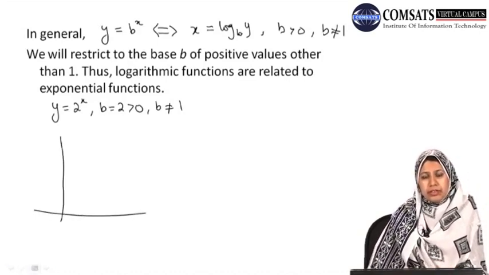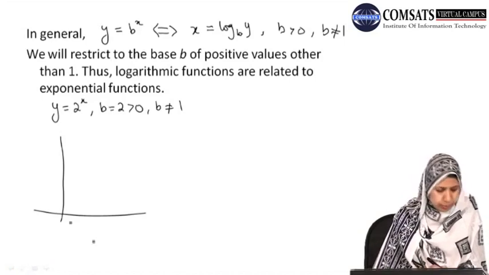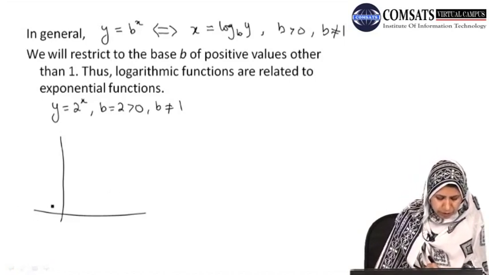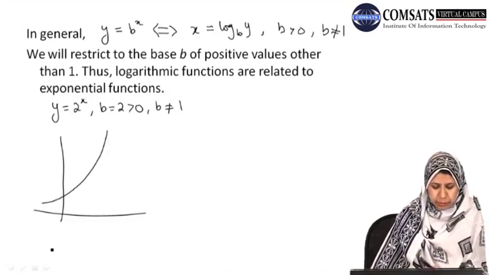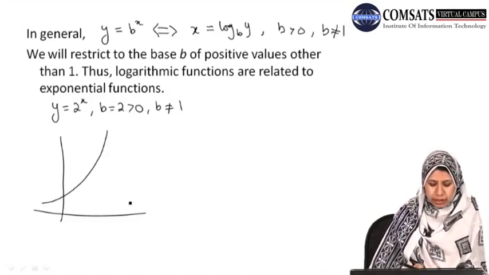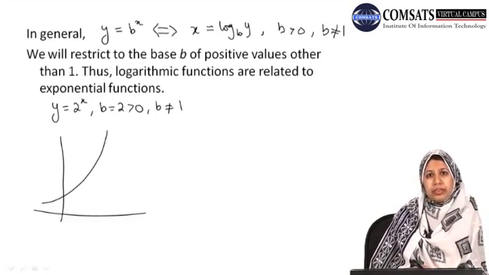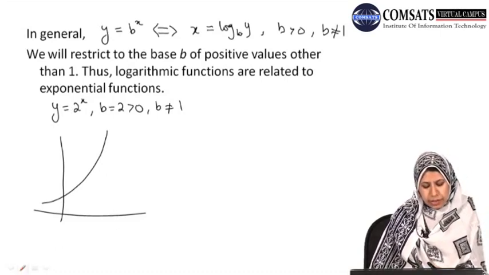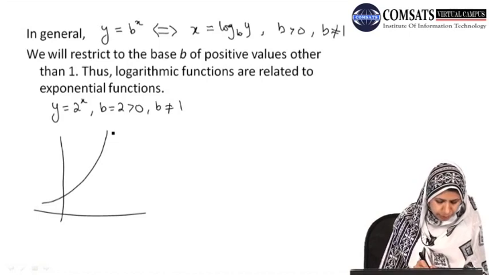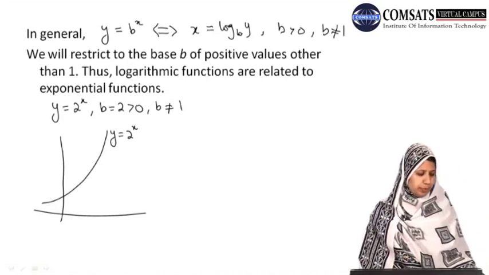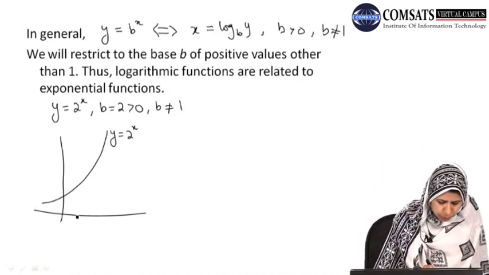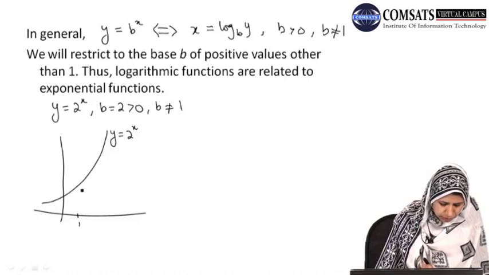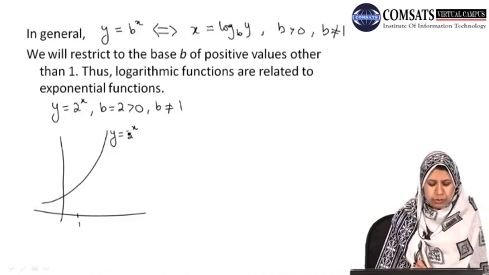Then what will be the graph of this exponential function? We have studied the graphs of exponential functions in our previous lecture. The graph will approximately look like this, because b is greater than 1, so the graph will be an increasing function rising from left to right. y is equal to 2 to the power x, which means that if x is equal to 1, then y is equal to 2.